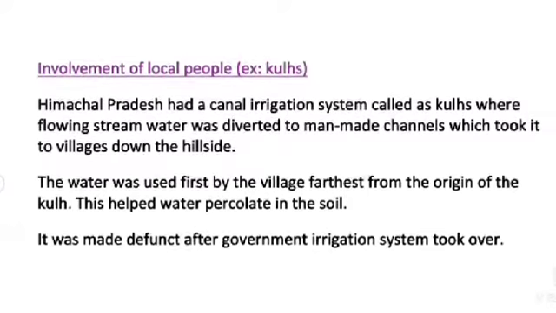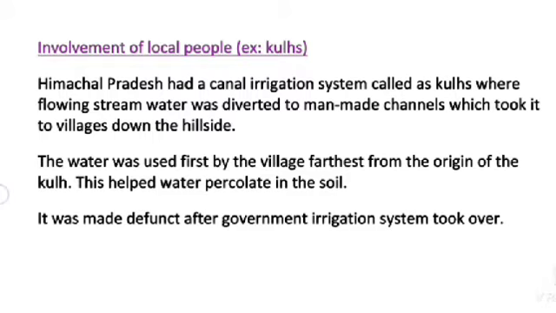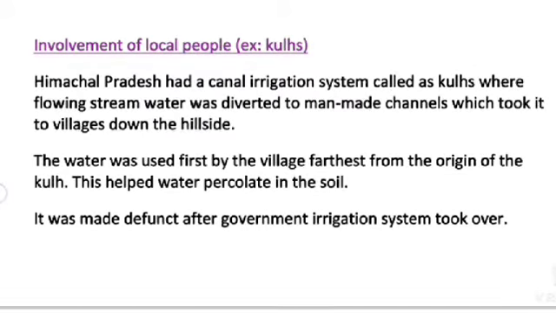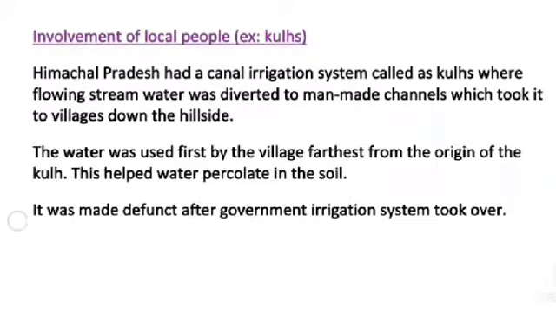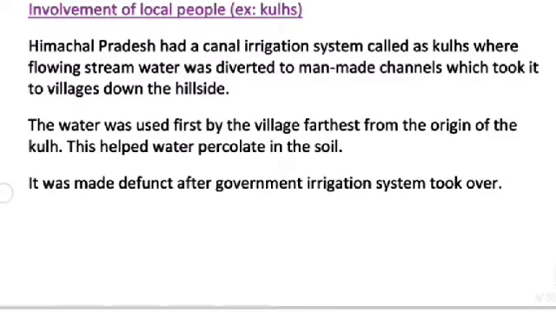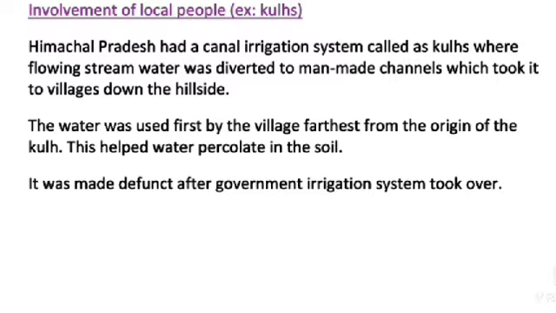Kulhs. Himachal Pradesh had a canal irrigation system called kulhs, where, following streams, water was diverted to main man-made channels, which took it to villages down the hillside.